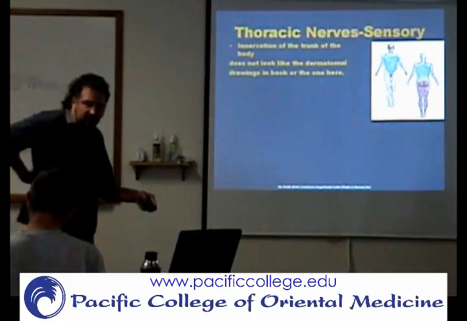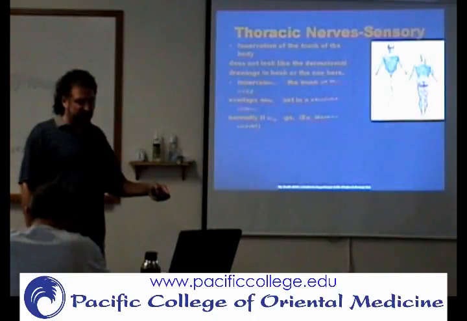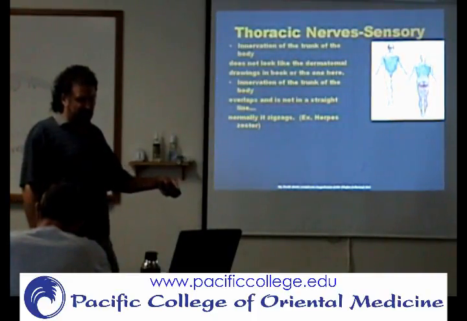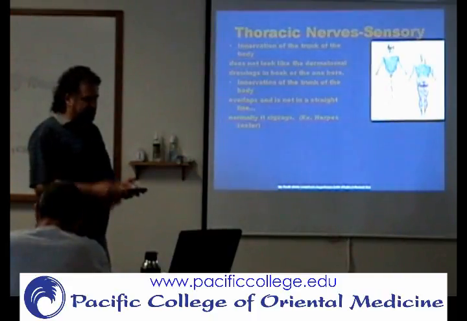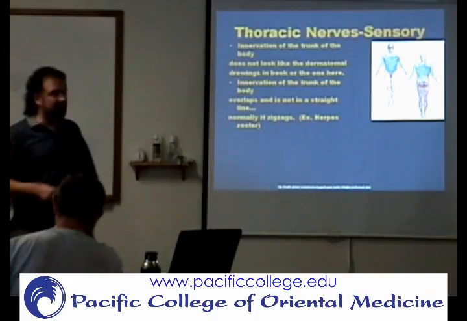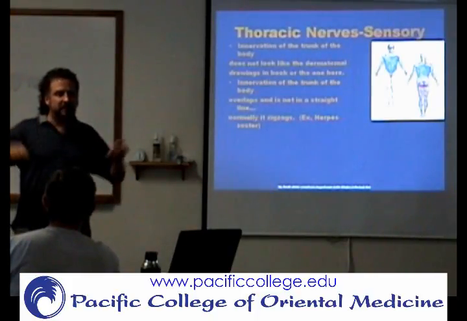So basically the dermatomes just follow around. There is a little bit of variation. It's not always as simple as this map, because if you see people who have herpes, there is a little bit of a zigzag pattern.